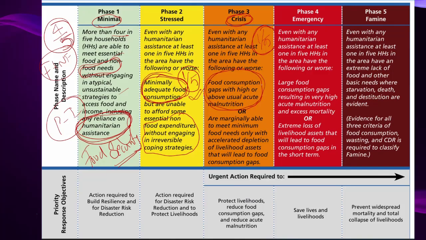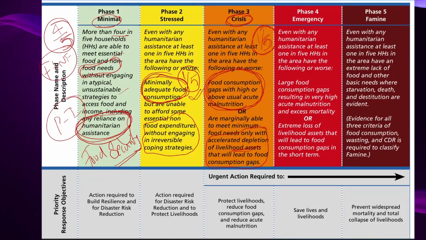Here they have humanitarian assistance, but 1 out of 5 people face acute malnutrition, or else they are marginally able to meet minimum food needs only with accelerated depletion of livelihood assets, which will lead to food consumption gaps. So yes, they can meet the minimum food needs, but how? Only with the depletion of livelihood assets. So this is termed phase 3 of this classification, the crisis mode.